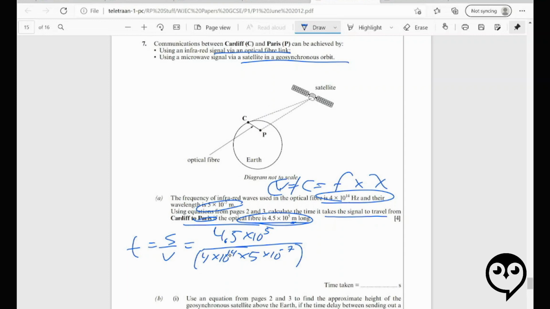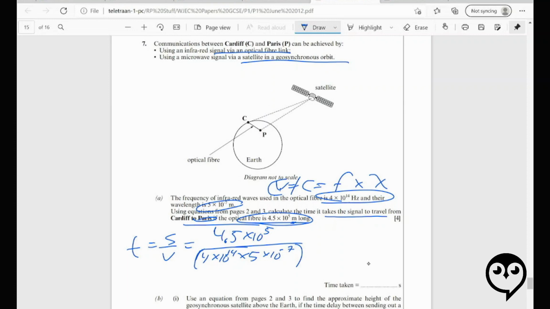You're going to be actually dividing by each of these, or you put it in a bracket. If you use your exponent button, then you should be okay. But you're going to have to say divide by 4 times 10 to the 14 and divide by 5 times 10 to the negative 7 on your calculator. If you don't put the bracket there, your calculator might not like that.